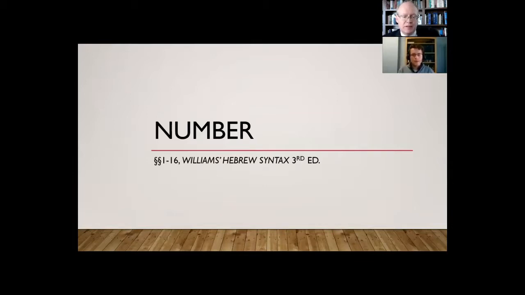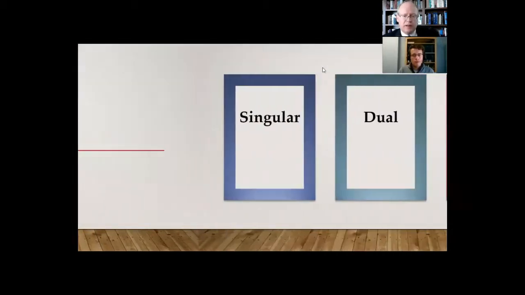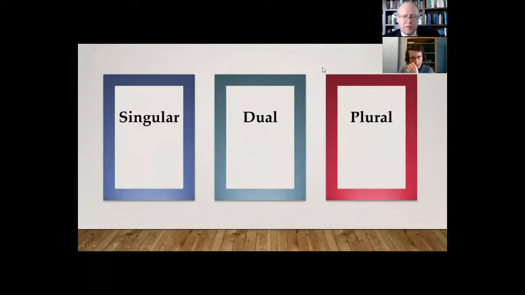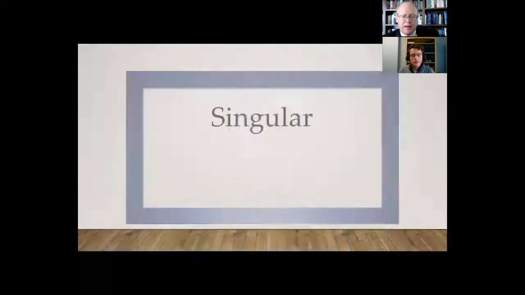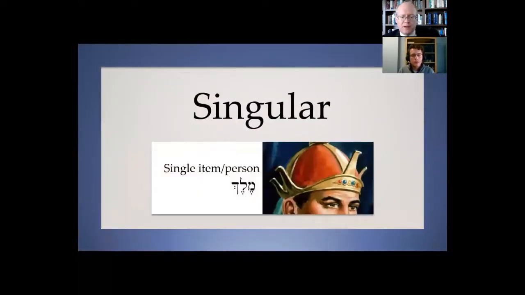And in our discussion today, we'll be looking at how Hebrew uses the grammatical category of number in ways that really don't match the way we use number in English. So you saw, first of all, that Williams has the categories of singular, dual, and plural, and that with regard to singular, it primarily is used for countable items to indicate one of whatever it is that's being talked about.